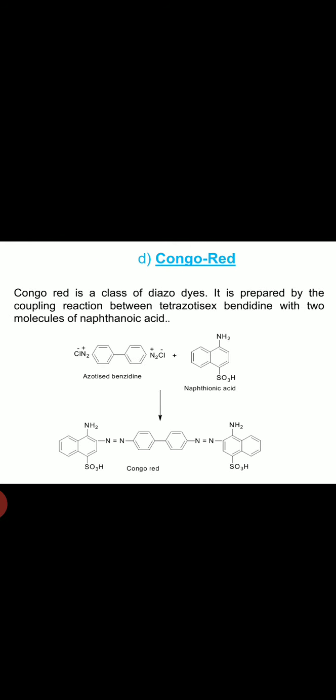So next is the Congo red. Again it is an azo dye, and it is prepared by the coupling reaction between tetrazotized benzidine with two molecules of naphthionic acid. Again it is a very important compound.